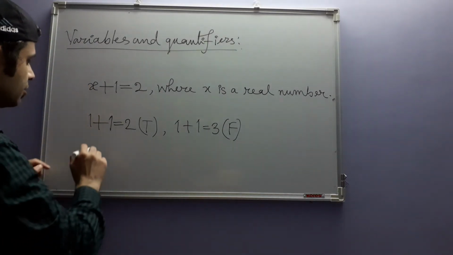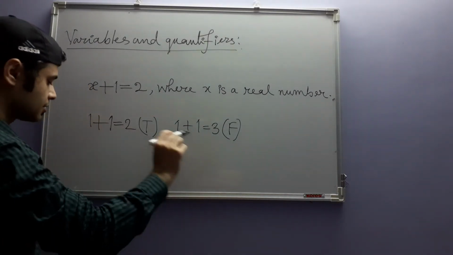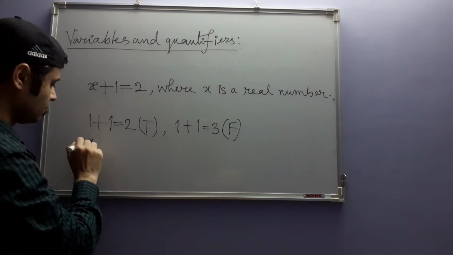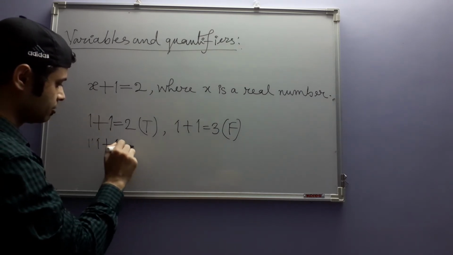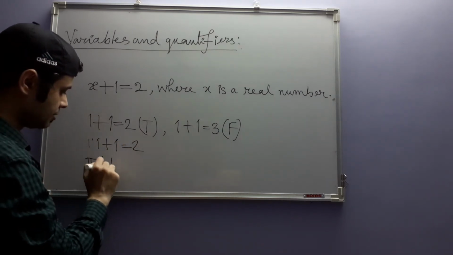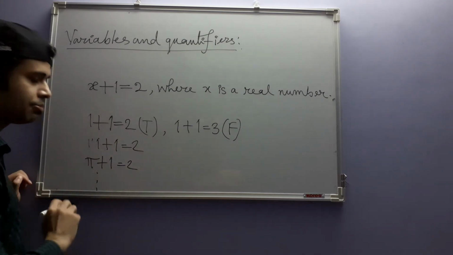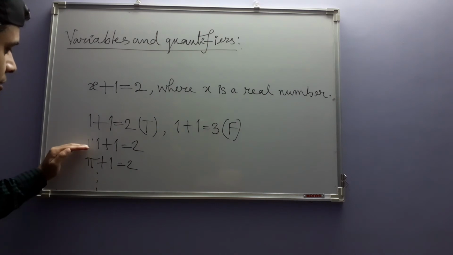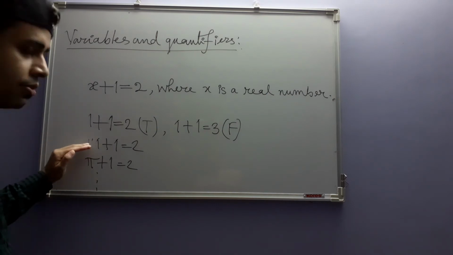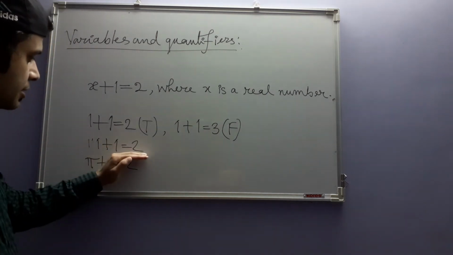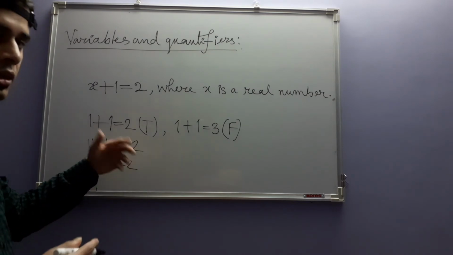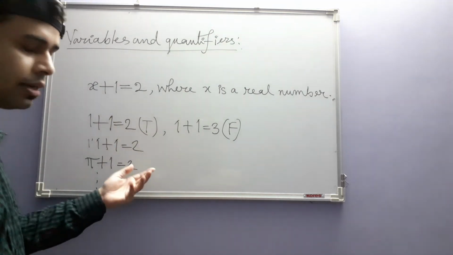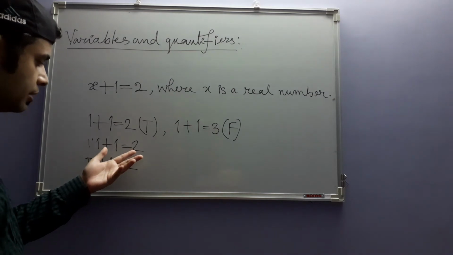This one has these statements: 1 plus 1 is equal to 2, pi plus 1 is equal to 2, and all the possibilities. Of course, once you fix the value of the variable, it becomes a statement with constants, and then it has a truth value.